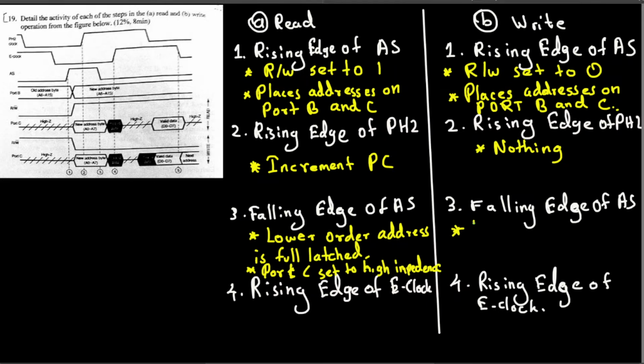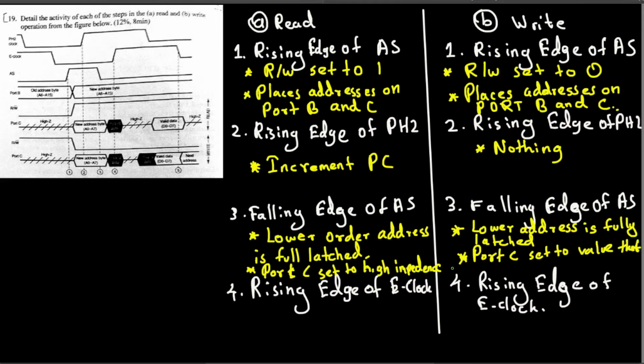So here also the lower order address is fully latched, and port C is set to the value that is to be written to memory. Okay, so that's the falling edge of AS.